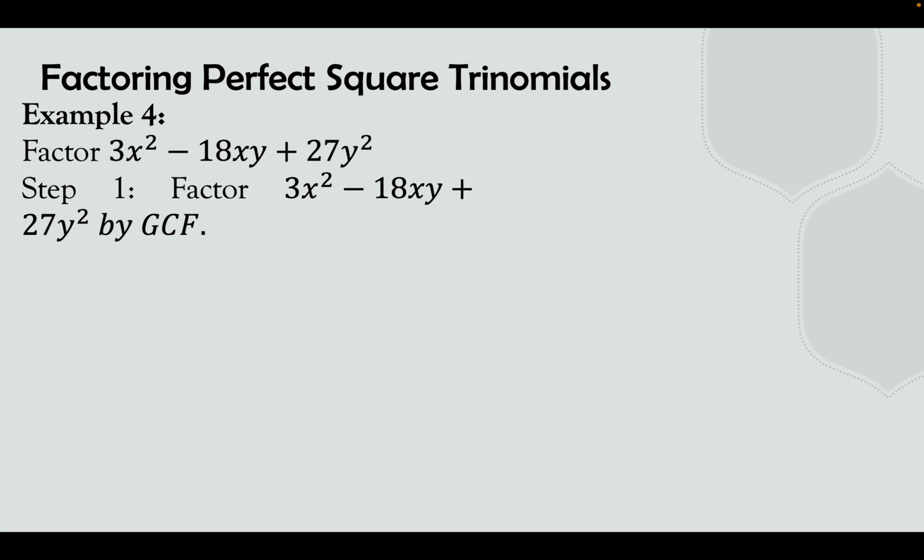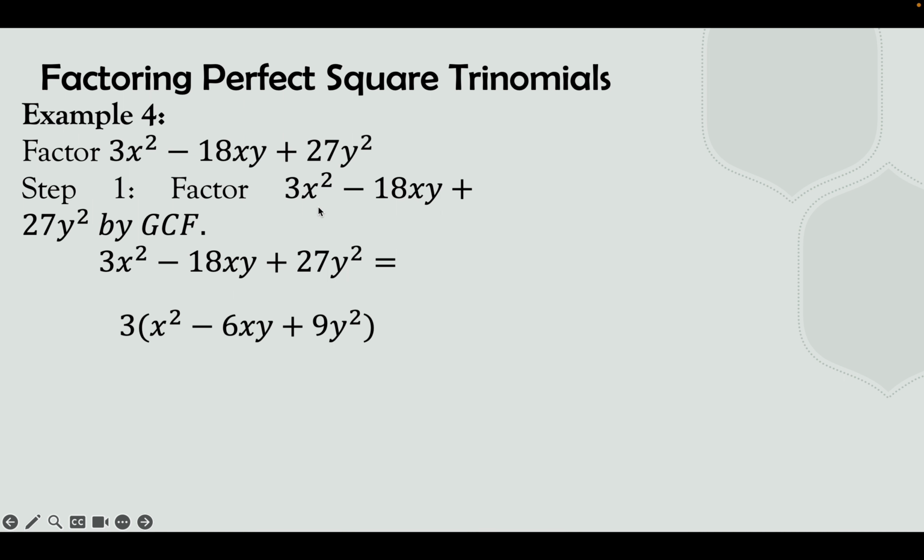But then, as you look at each term, you can possibly find the GCF of the given trinomial. So find the GCF of 3x squared minus 18xy plus 27y squared, and their GCF is 3.